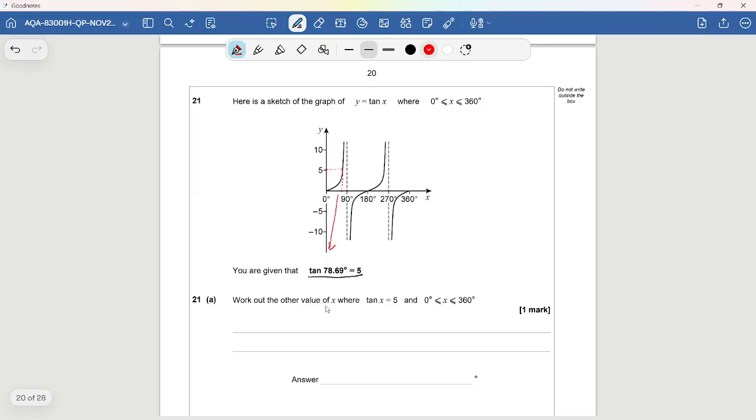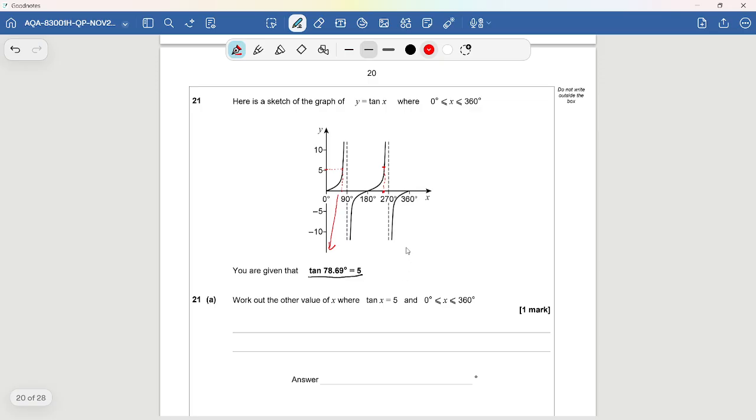Since it's a periodic graph, the pattern keeps repeating, so we get tan x equals 5 again at this point. We have to find its corresponding x value. What is this x value which will give you tan x is 5, other than 78.69 degrees in this range?